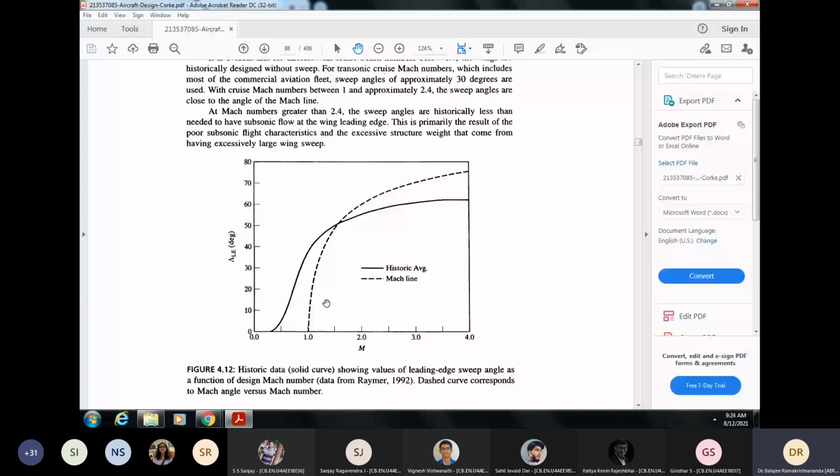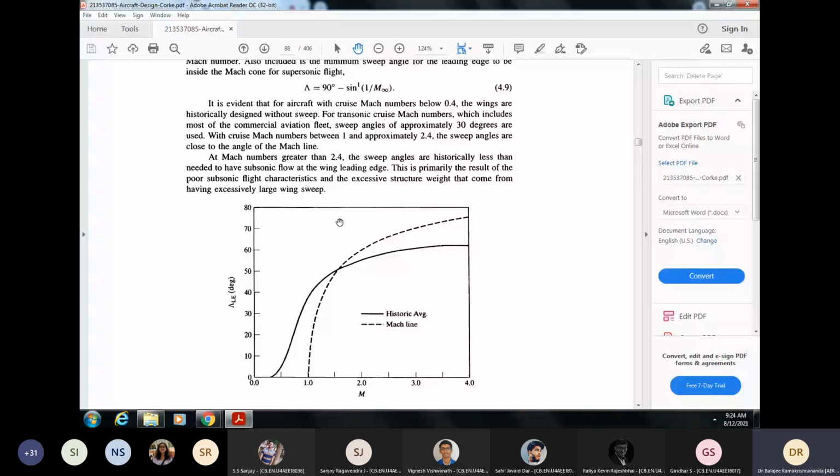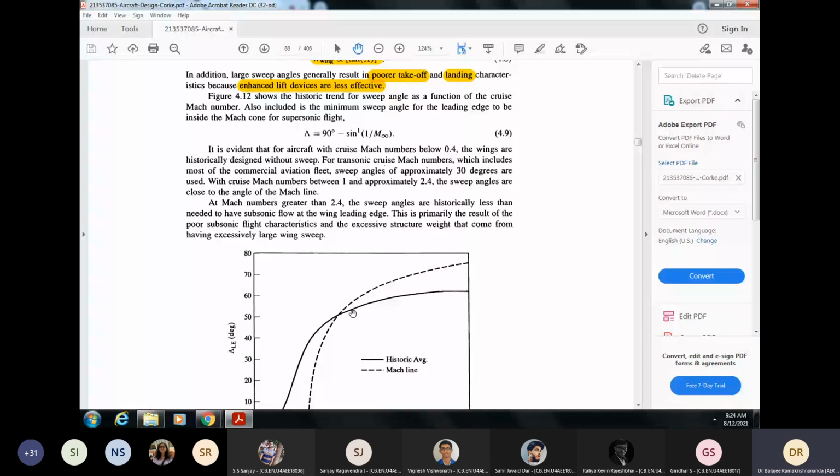For this 60 degrees, the Mach cone is just outside the wing. If the Mach cone is cutting the wing, then you may have shocks and the drag may increase. That is the importance of this leading edge sweep.